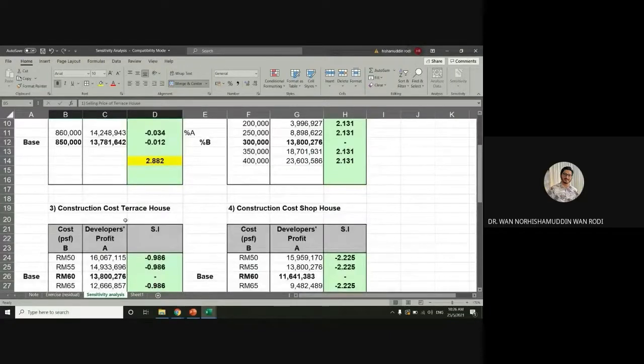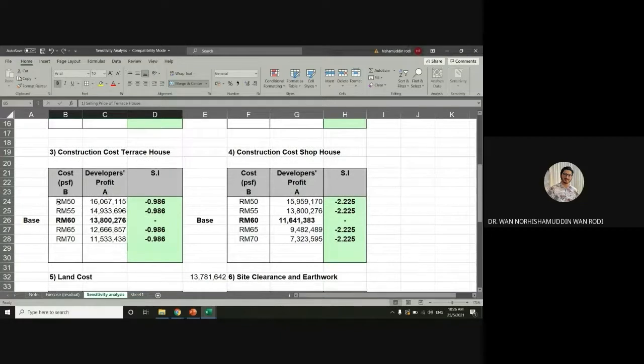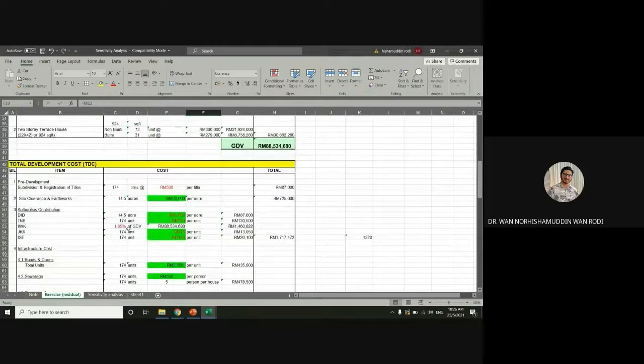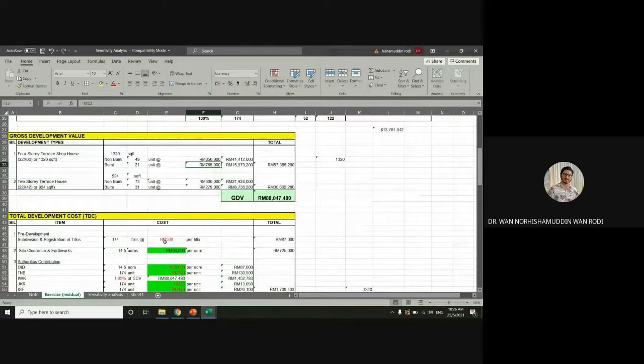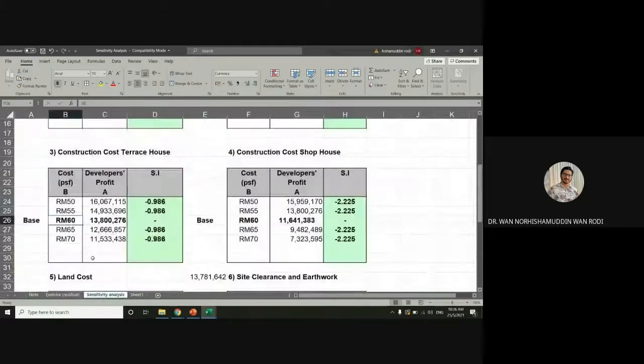Similarly, let's say if I want to estimate the construction costs. So first, we take the base 60, but don't forget to change your figures into the original calculation for the sales price 850. Let us search for the sensitivity between profit and construction costs of terrace house.